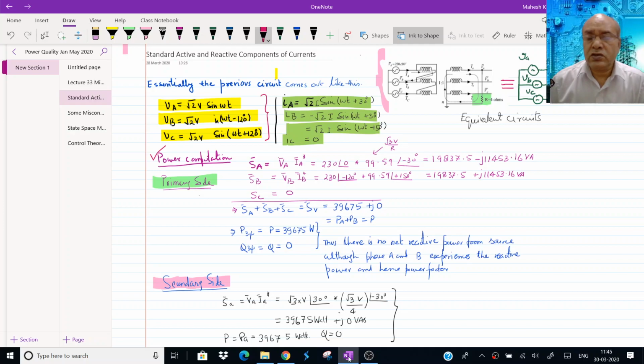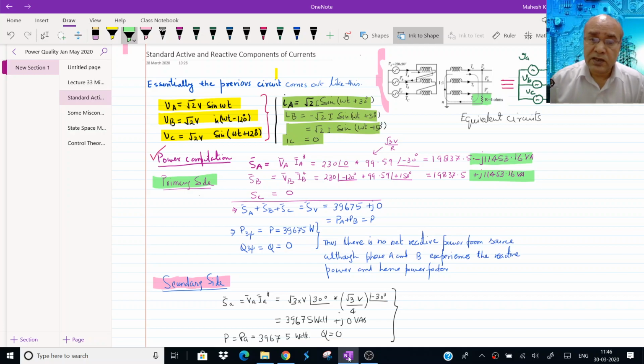The whole unit is volt ampere. If you want to express it in terms of the active power and reactive power, it is watts and volt ampere reactives. Similarly, SB is 19,837.5 plus j, same amount. Now except the polarity, others are same. So you see this is minus j and this is plus j, and that makes the reactive power equal and opposite.